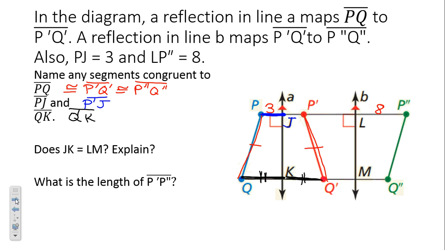What do you think? Does JK have to be equal to LM? JK, this one right here. LM. Because those are parallel lines. We have a 90-degree angle here, which means this is 90 degrees, right?